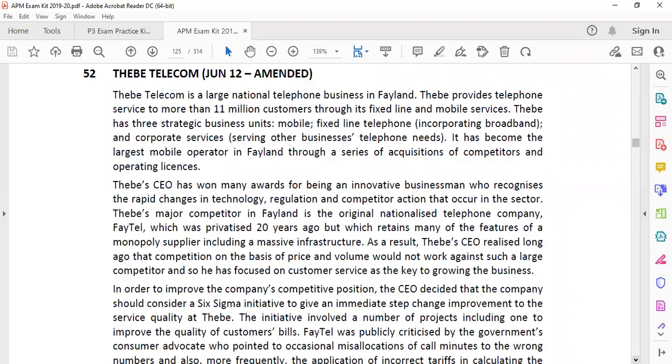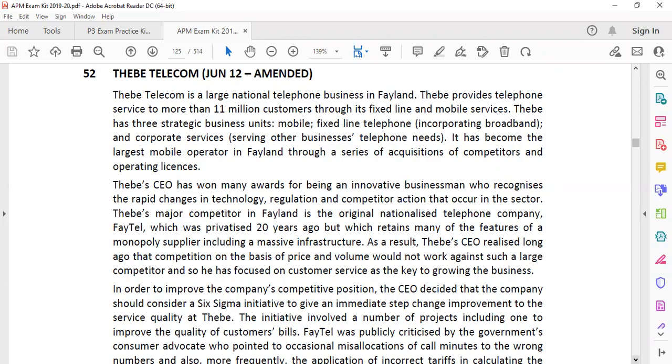It has become the largest mobile operator in Thailand through a series of acquisitions of competitors and operating licenses. The CEO has won many awards for being an innovative businessman who recognizes the rapid changes in technology, regulation, and competitor action that occur in the sector.